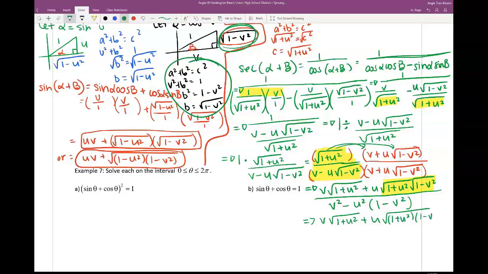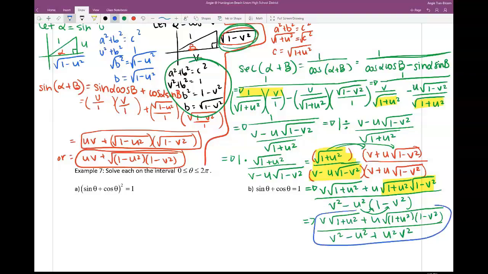Either way, they are the same. All over, on the bottom, v squared, I'm just going to distribute this, minus u squared times negative u squared times a negative v squared is positive u squared v squared. Well, not much you can do, so guess what? That is my final answer.